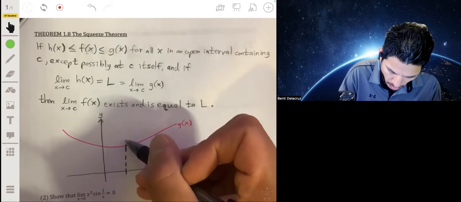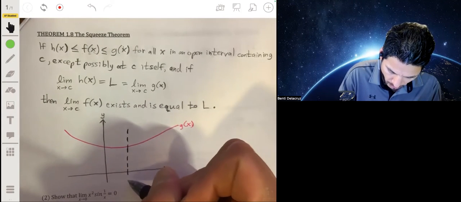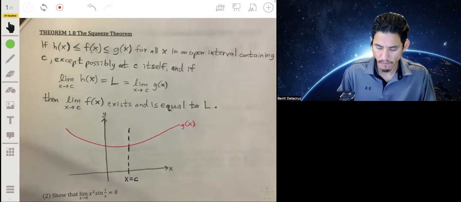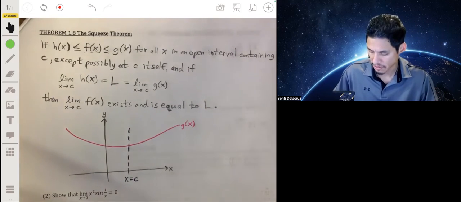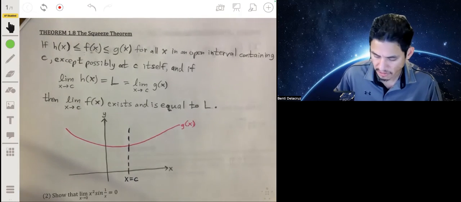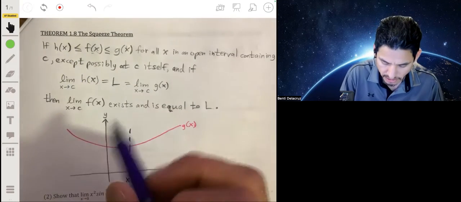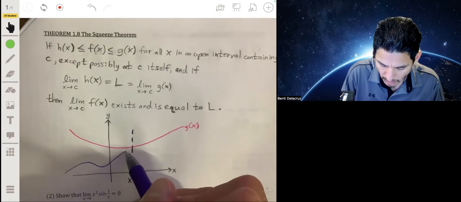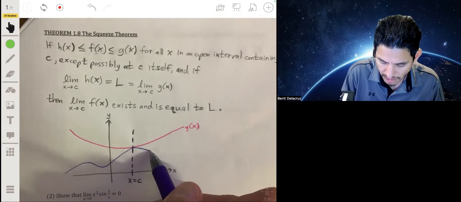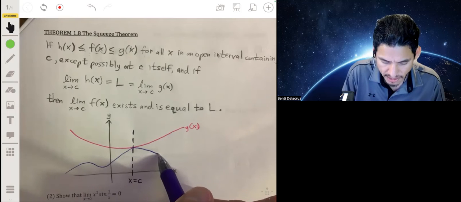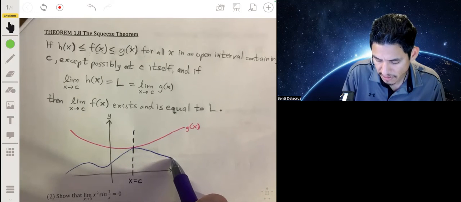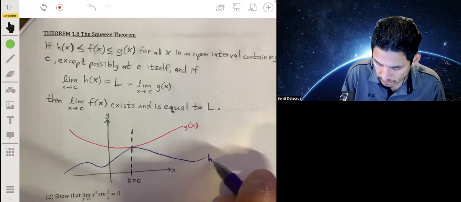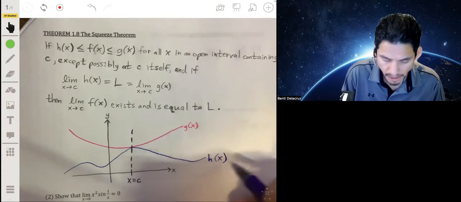We'll draw a dashed line for x equals c. Now we know that our other graph, h of x, will be the smallest. So maybe h of x is doing something like this, and it goes up to that point of g of x at c, or g of c, but doesn't actually get larger. So there's our h of x.